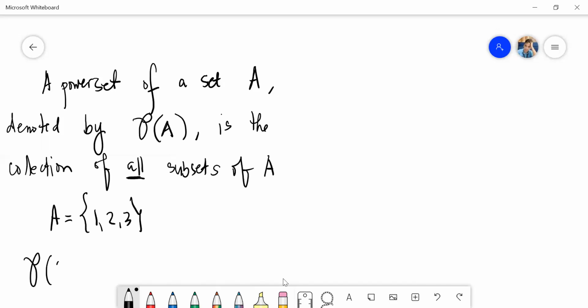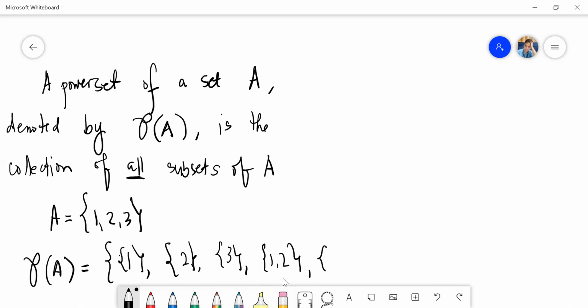So the power set of A is the set containing 1, the set containing 2, the set containing 3, the set containing 1, 2, the set containing 2, 3, the set containing 1, 3, the set containing A, of course, because A is a subset of itself. And of course, let's not forget the set containing empty.